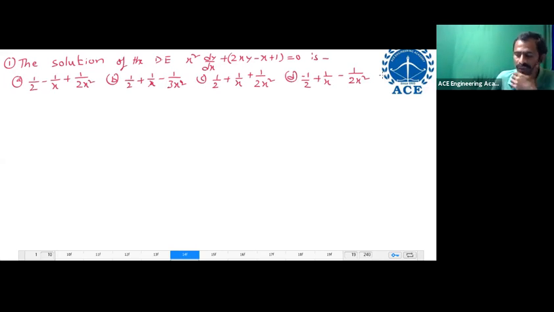It is a question, and I wrote 4 options. If you observe all the options, you can find one difference. The observation from all the options is no arbitrary constant. That is, in every option, a particular solution was given for the differential equation.